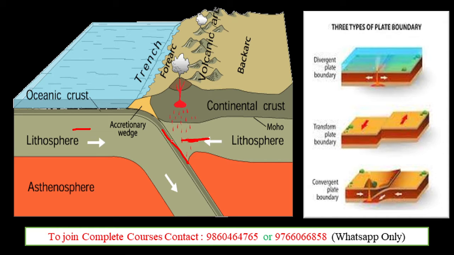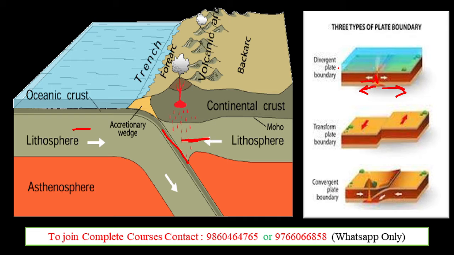And these are the three important movements related with the plates, and one is a divergent plate boundary. So the earth movement like this shape, this area moves to the left side and this area moves to the right side. So there's a divergent movement.